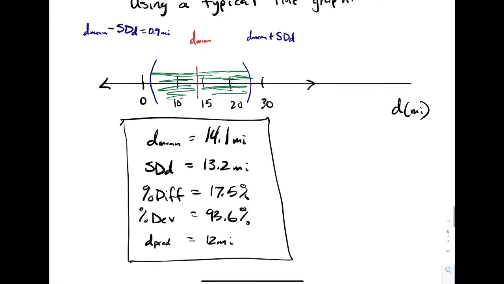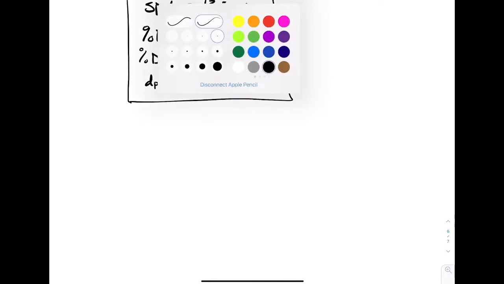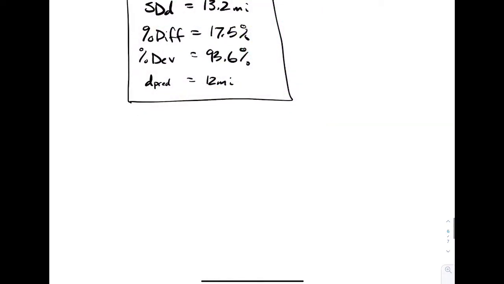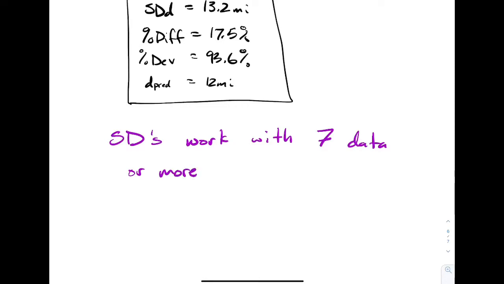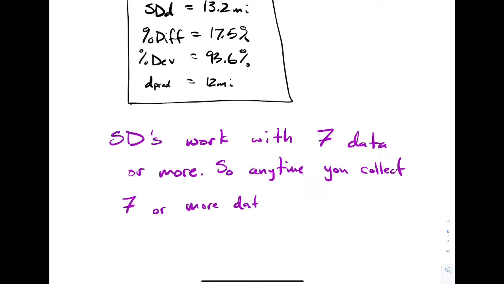A really important point to end this with is that standard deviations work with 7 data or more. If we have less than 7 data, they don't really mean very much. So anytime you collect 7 or more data, you have to do a statistical analysis in your labs.